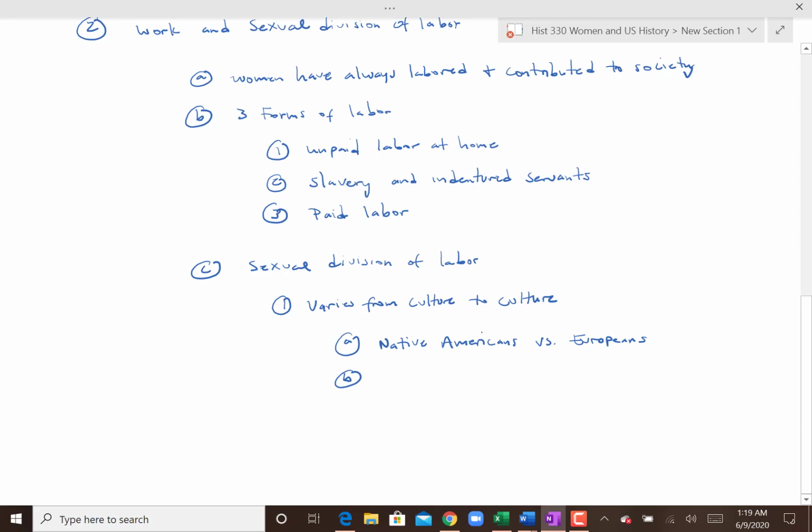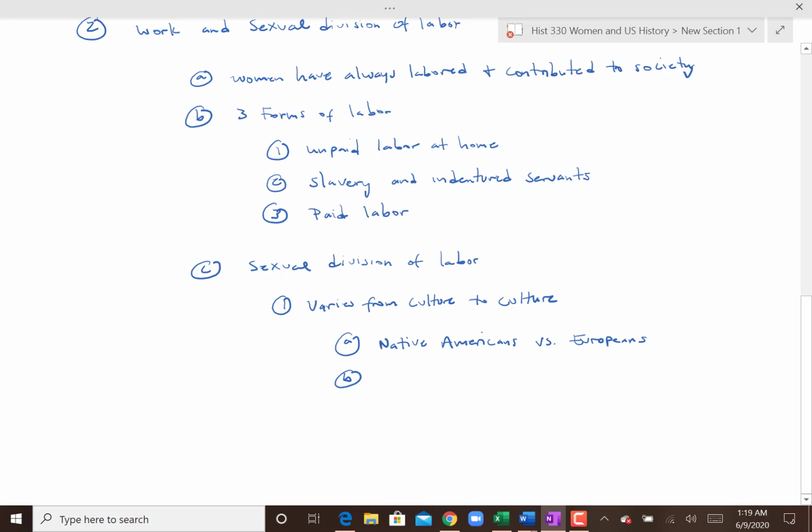So don't take it to mean all Native American tribes did this. Overgeneralizations never work. A lot of them did, so we're going to talk about it in terms of the majority. Of course, there were various tribes that were more aligned with European views of labor and gender, but the majority were different.